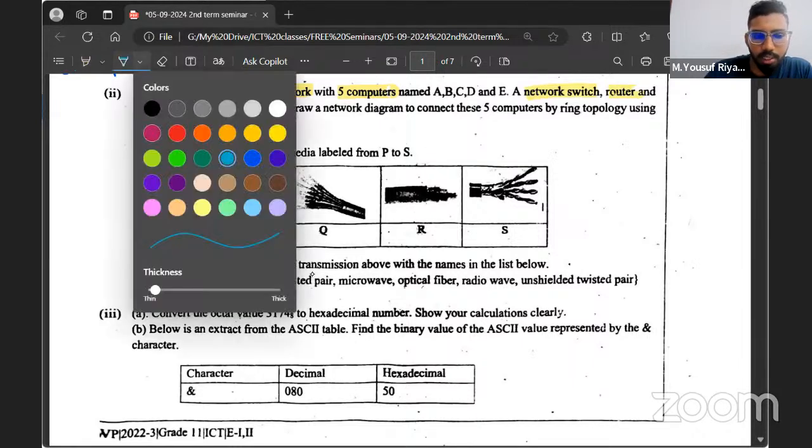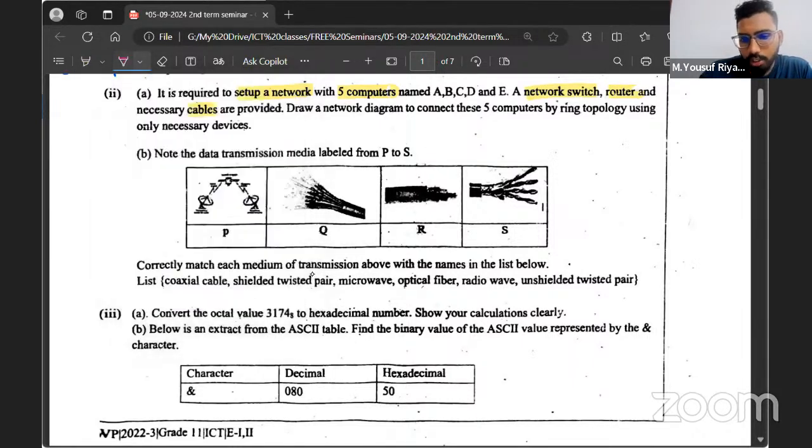Now, they have mentioned they have to connect the computers in ring topology. In ring topology, do we use a network switch? No. Do we use a router?